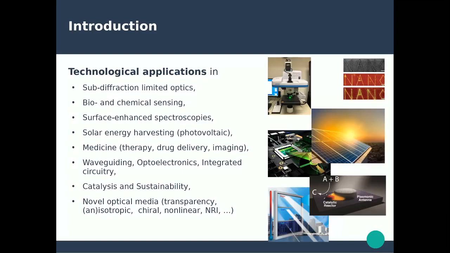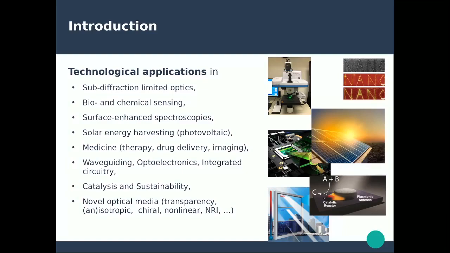These are just listing, very broadly speaking, some of the applications we're going to cover. From subdiffraction limited optics to sensing applications or surface enhanced optical spectroscopies. There are also some applications in solar energy harvesting, especially in photovoltaics. Medicine also takes advantage of plasmons, especially for therapies and drug delivery, but also for imaging, waveguiding, optoelectronics, and overall integrated circuitry.